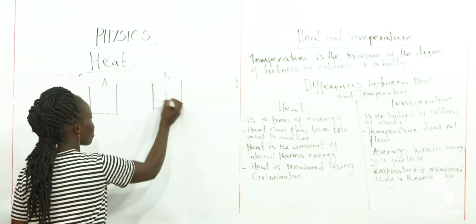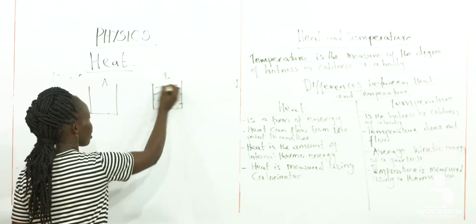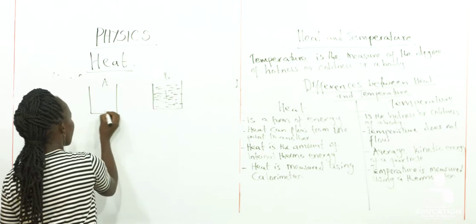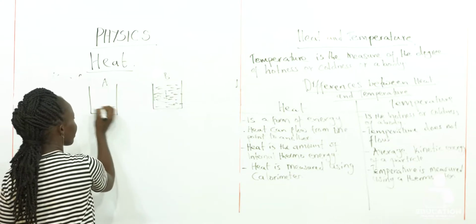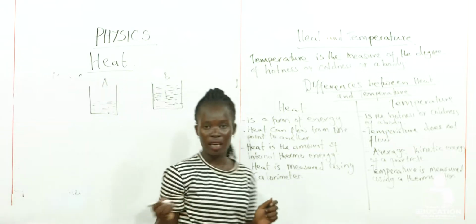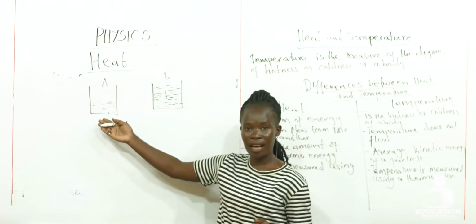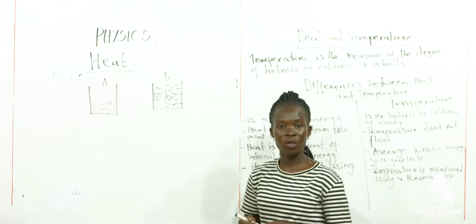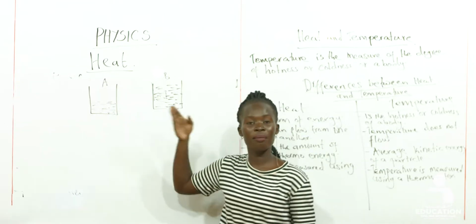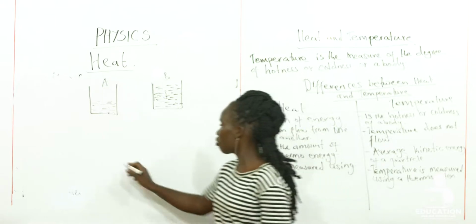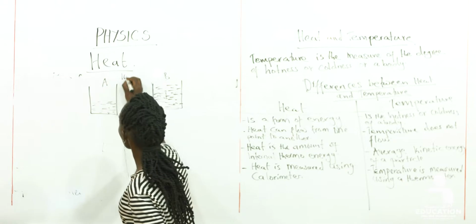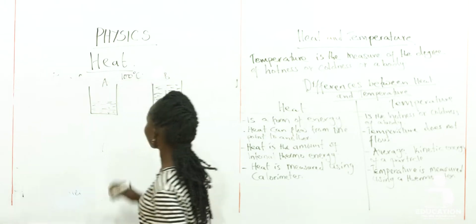These ones are all containing liquid that you've boiled to the same temperature. But what differs here is the amount of liquid the two beakers are containing. This one had only 1 glass and this one has 2 glasses. But if you measure their temperature, they are all giving you the same temperature, 100 degrees Celsius.